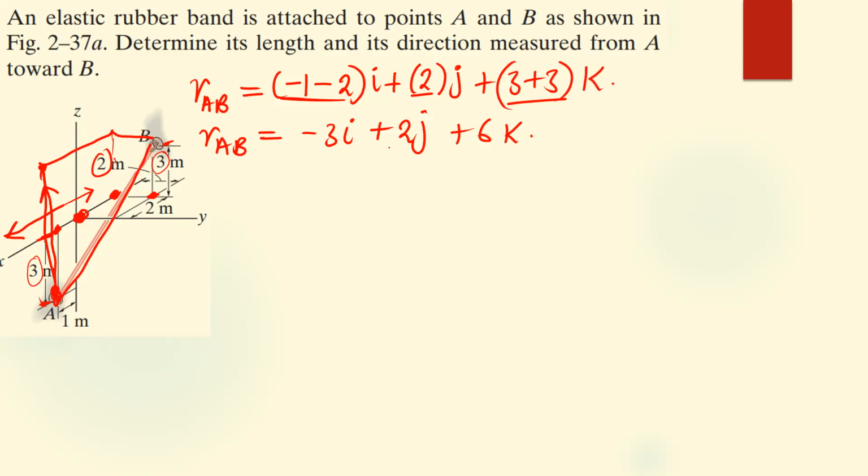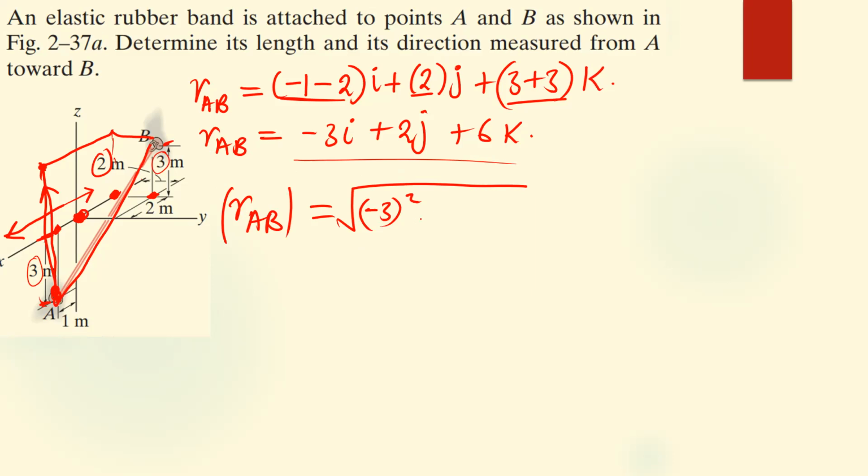Now to find the magnitude of this vector, you can easily just find the square root of all this. So to find the magnitude, I'm going to say the absolute value of RAB is given by negative 3 squared plus 2 squared plus 6 squared.